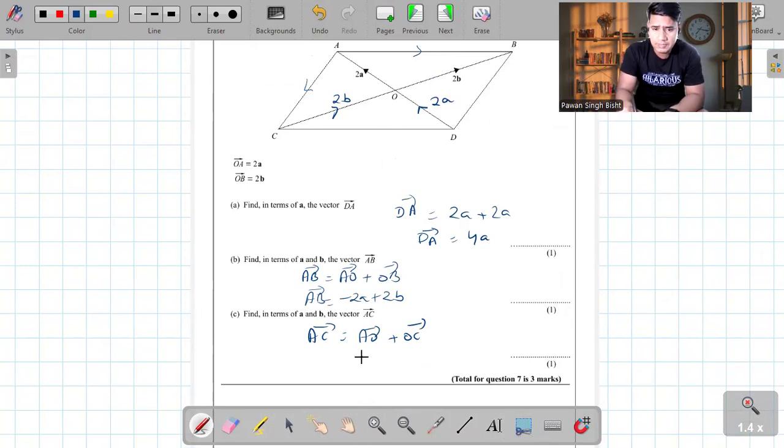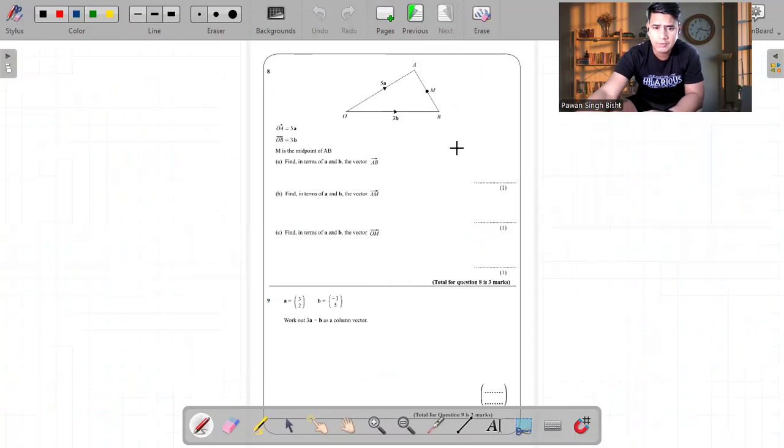So AO will be minus 2A and CO is plus 2B, so OC will be minus 2B. So vector AC will be negative 2A and negative 2B. That is called vector addition. Clear?